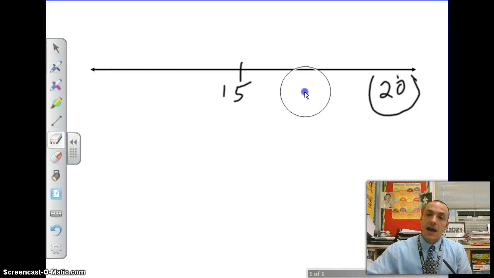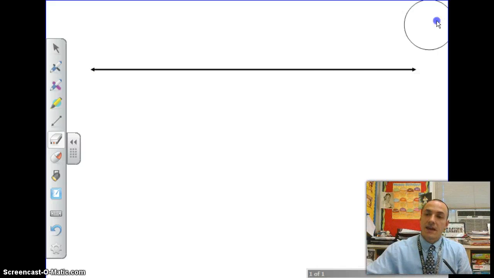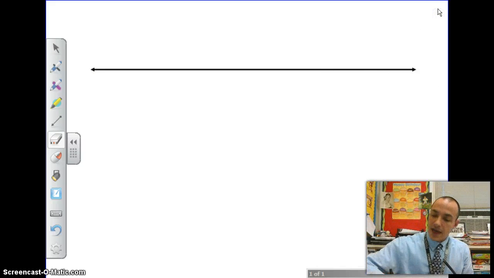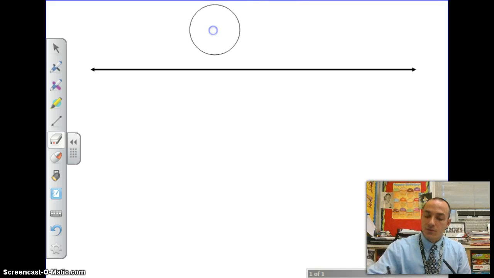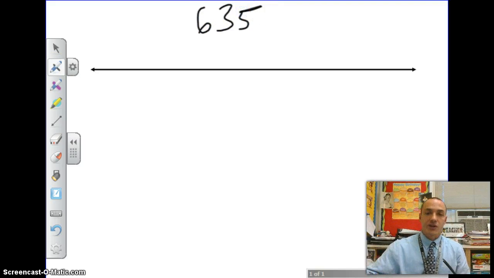So for instance, I might be out buying a couch, and that couch might cost $635. So now what I want to do is decide which 635 is closest to.